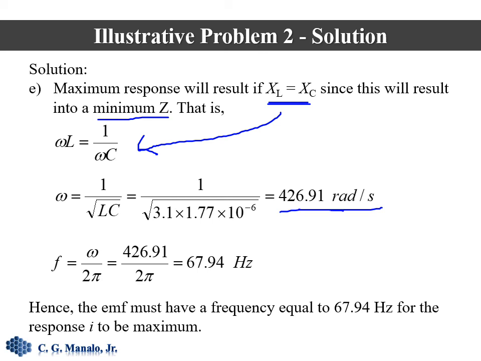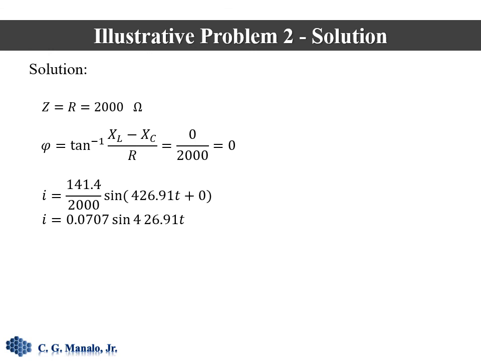So if we have omega, we can compute for the frequency, and that should give us this frequency here. So it is slightly above the original frequency of 60. And what is the maximum I then, if this is the frequency? So that would give us this result.